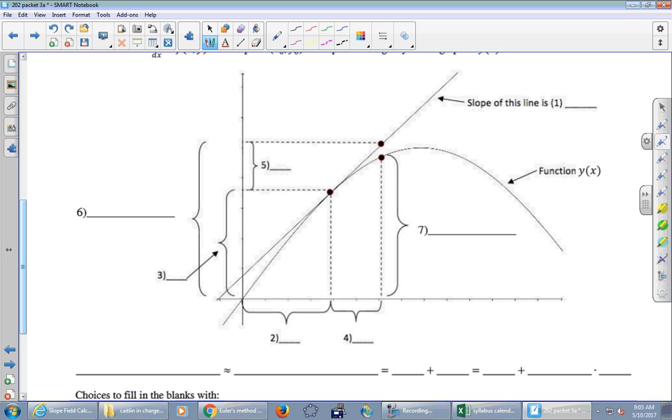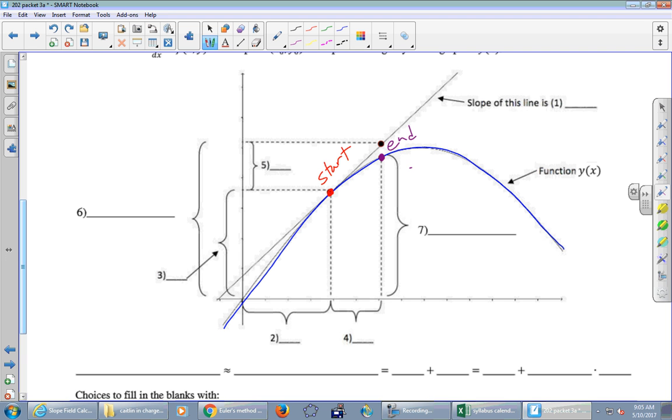Maybe I'll draw it here in blue just to make it stand out. We've got some starting point, and what we are really interested in knowing is the coordinates of this ending point.